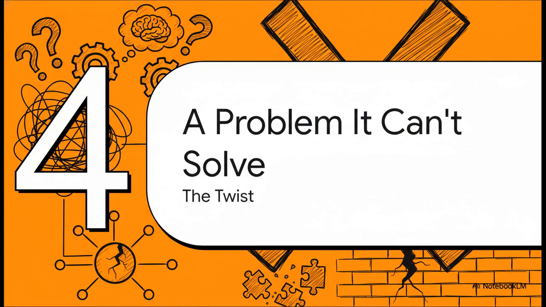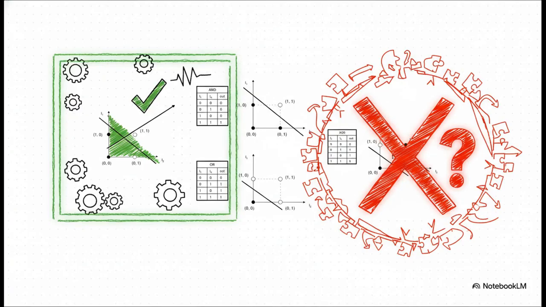Okay, so the perceptron is looking pretty smart, right? It can learn basic logic, but it has a very famous and very critical weakness. It's a problem that actually stumped the entire field of AI for years. On the left, there's our nice, easy AND problem. But on the right, that's a whole other beast. It's called the XOR problem, which stands for exclusive OR. With XOR, the output is true only if one of the inputs is true, but not both.